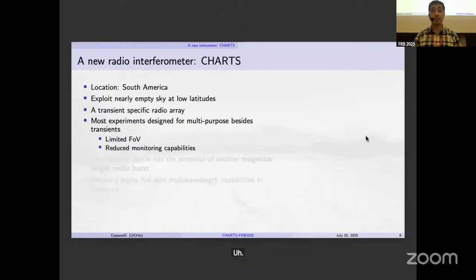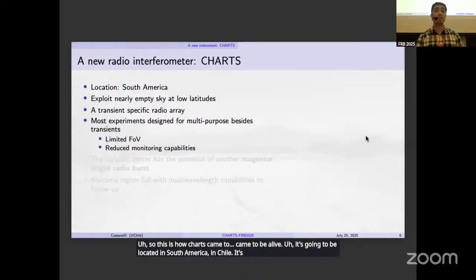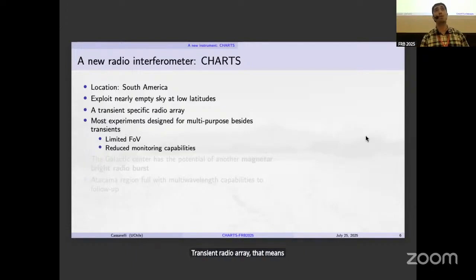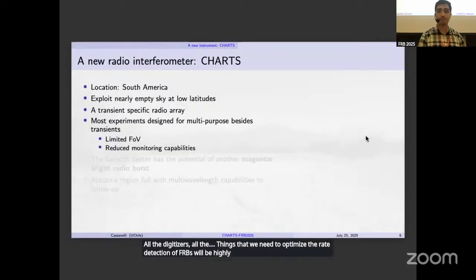So this is how CHARTS came to be. It's going to be located in South America, in Chile. It's going to be a specific transient radio array. That means that most of our parameters, the sky, all the digitizers, all the things that we need to optimize the detection rate of FRBs will be highly specific for this purpose.